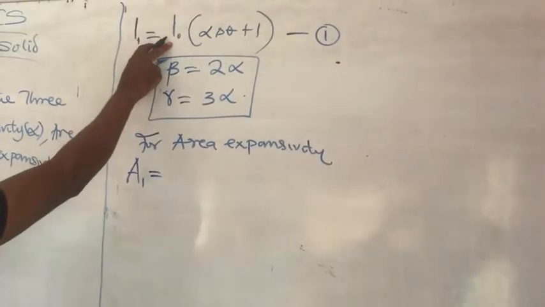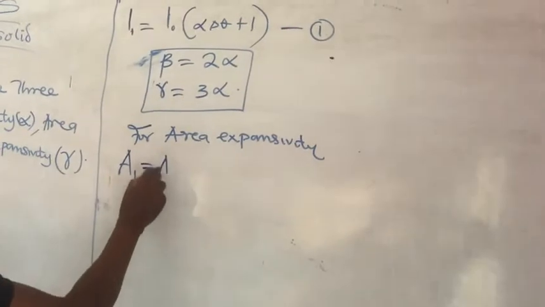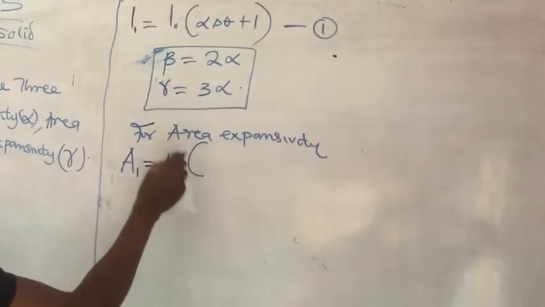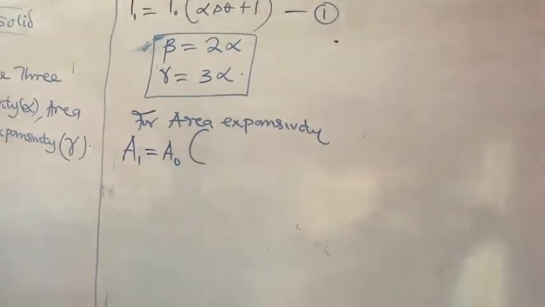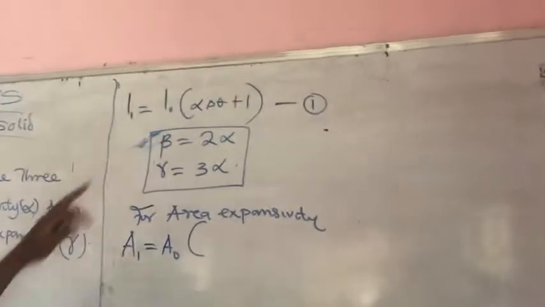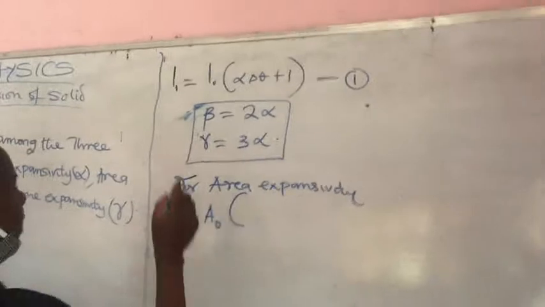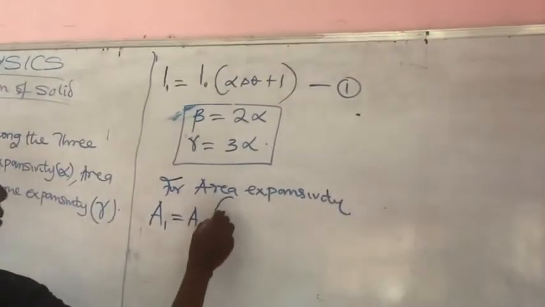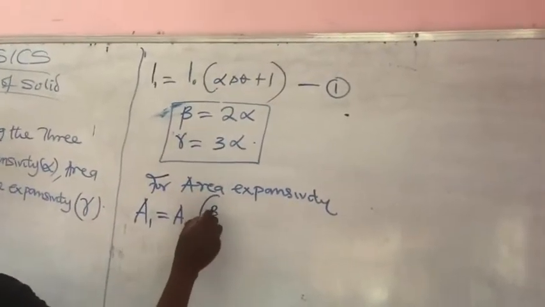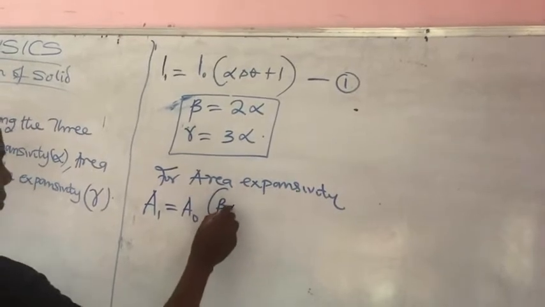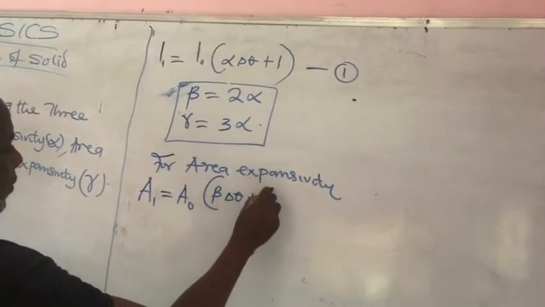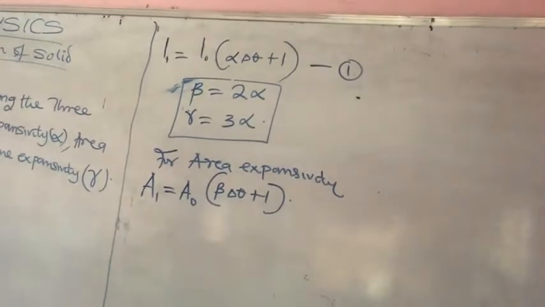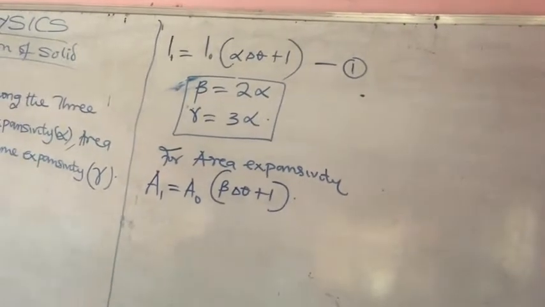Instead of using L0, we use A0 bracket. Using alpha, we now use beta, because I'm talking about area. So beta delta theta plus 1. That is this for area expansivity. I call it equation 2.